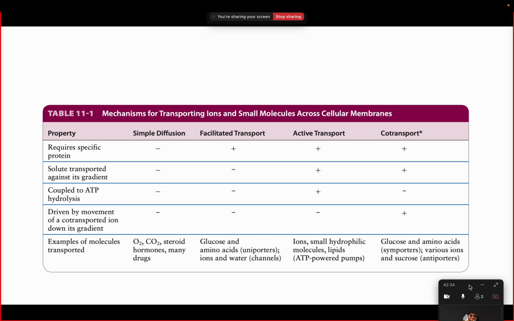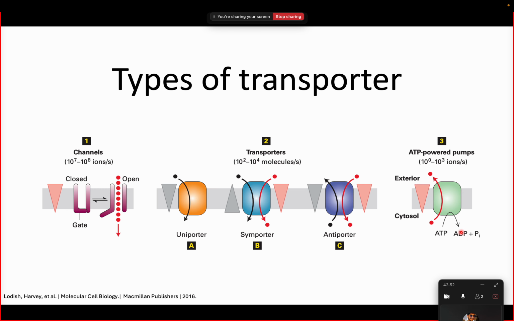Coupled to ATP hydrolysis, this is a characteristic of primary active transport. Okay, then driven by movement of a co-transported ion down its gradient, it is a property of co-transport or secondary active transport, and these are the specific examples of it.